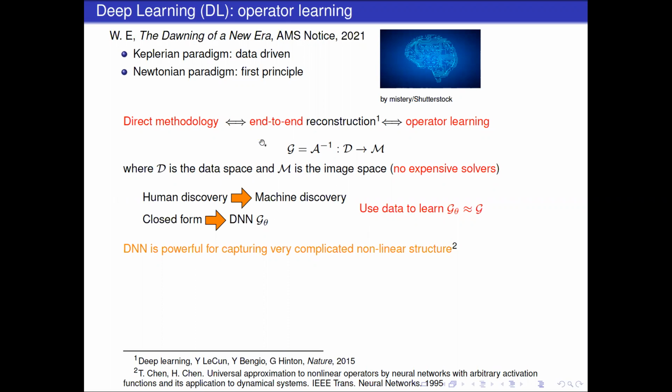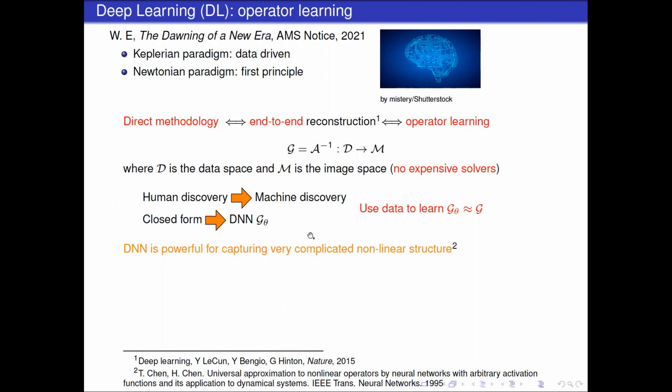But using the deep learning technique, we use the machine to learn the inverse operator directly from data. And in this case, there is no closed form. Instead, we use the neural network to express the inverse operator. So nowadays, this is called operator learning.